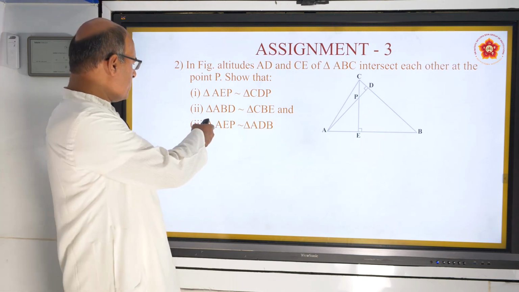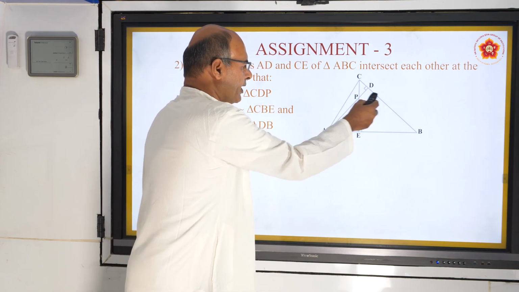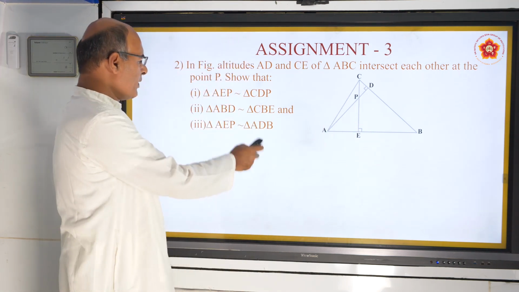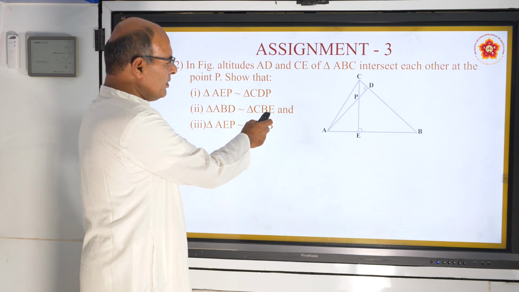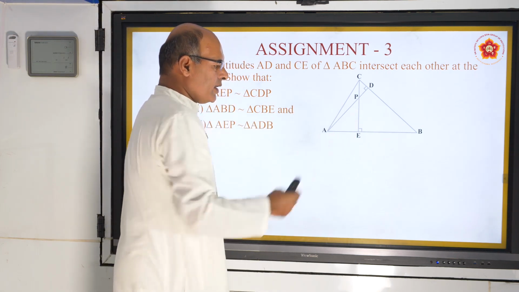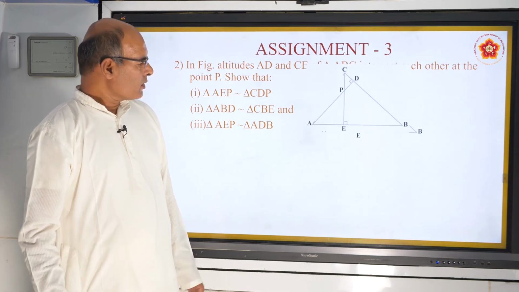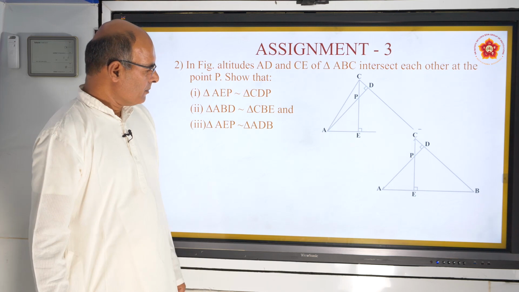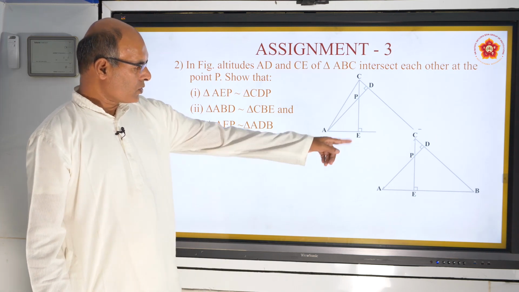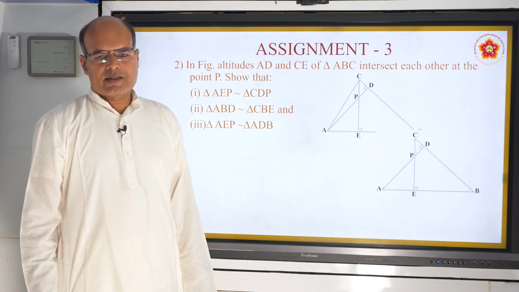Look at the second question. Triangle ABD is a right angle triangle with angle D equal to 90 degree, and triangle CBE is also a right angle triangle with angle E equal to 90 degree. I will separate the figure. So those two triangles have a pair of right angles.